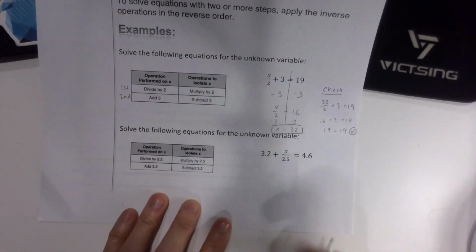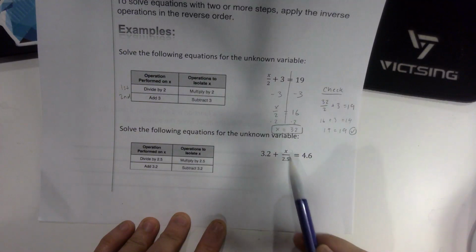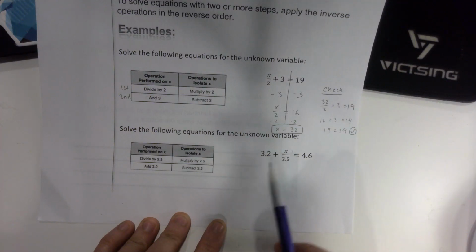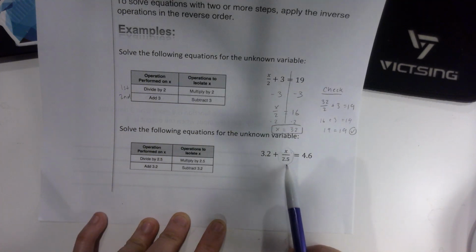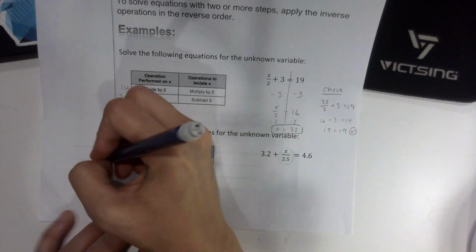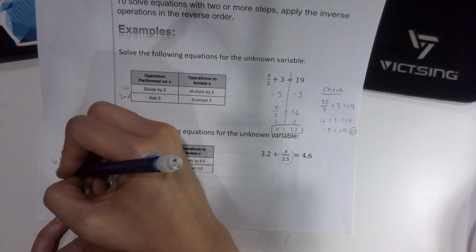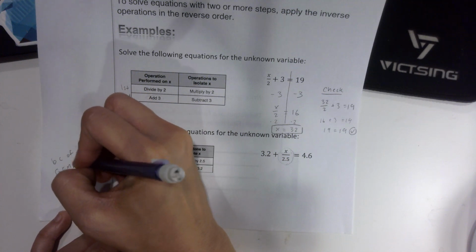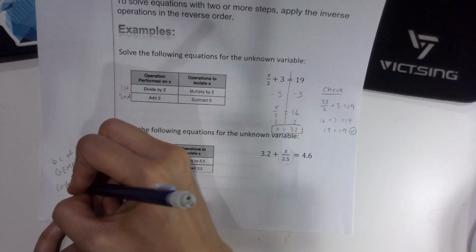All right. Solve the following equations for the unknown variable. First we had this x, then we divided by 2.5, and then we added 3.2. Even though it's on the other side, we still did this first because of order of operations, PEMDAS.